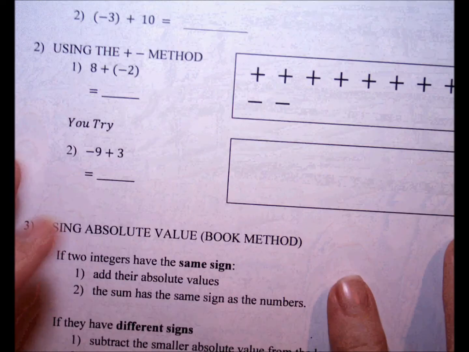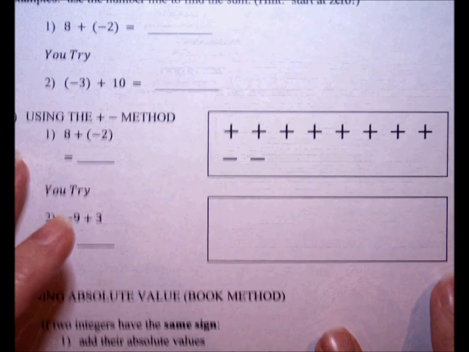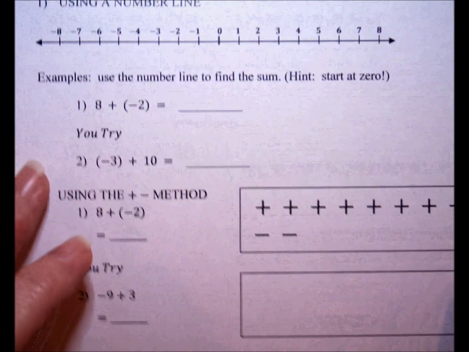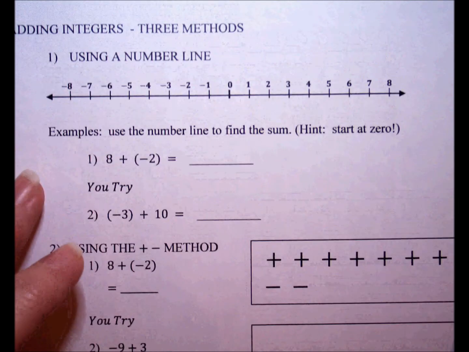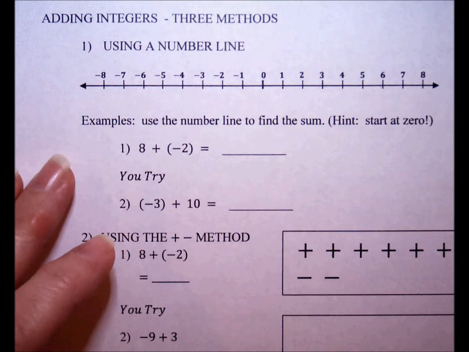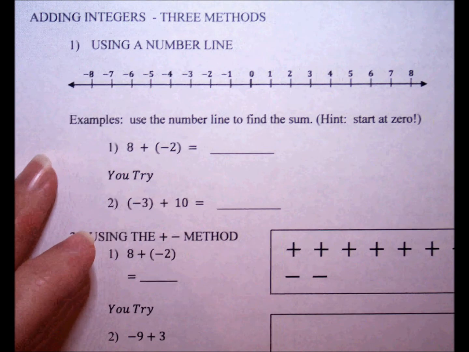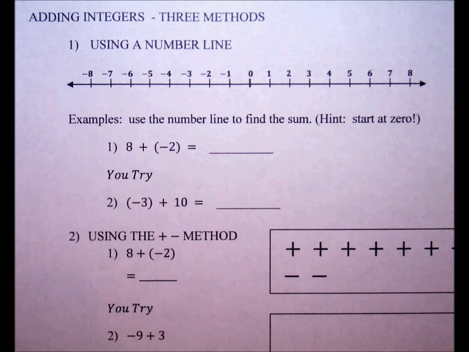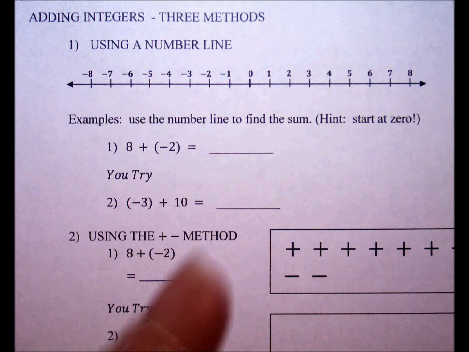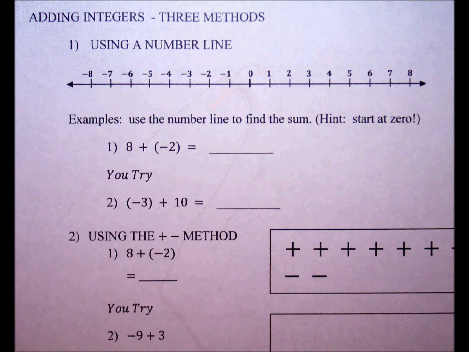Okay. Now turn over to the back of the page, and we're going to look at 3 methods for adding integers. Adding integers can still be a struggle even when you get into calculus. A lot of people have to stop and think, okay, when I'm adding a large negative integer to a smaller positive integer, that can be kind of challenging.